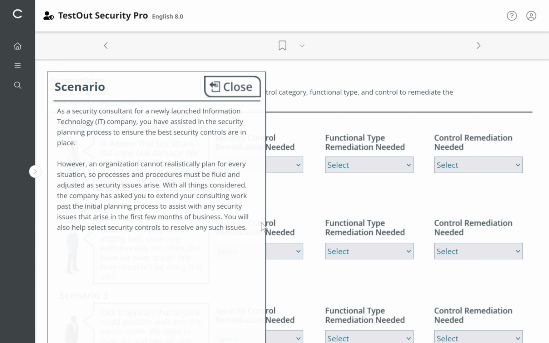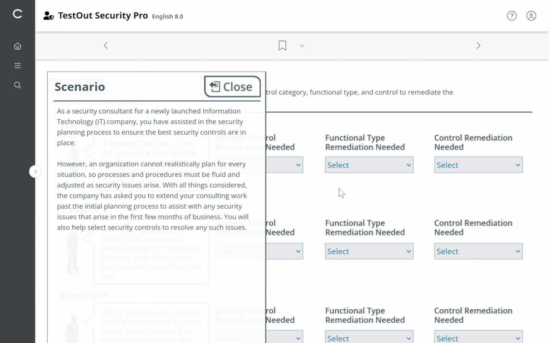So, as a security consultant for a newly launched information technology company, you have assisted in the security planning process to ensure the best security controls are in place. However, an organization cannot realistically plan for every situation. So, processes and procedures must be fluid and adjusted as security issues arise.